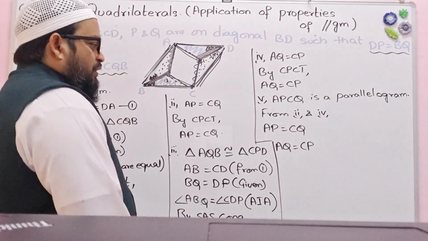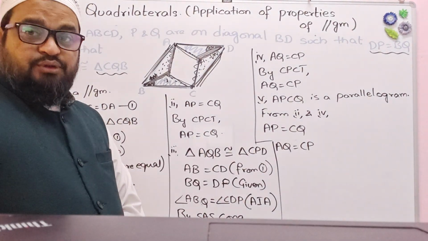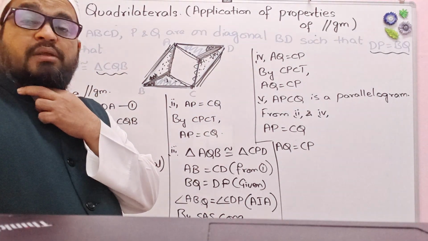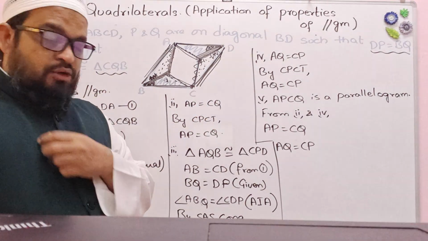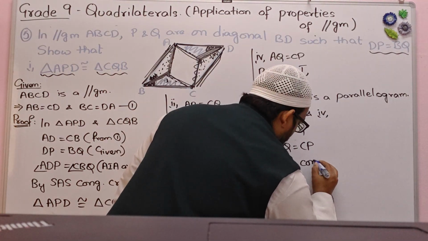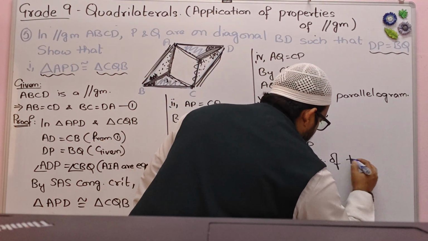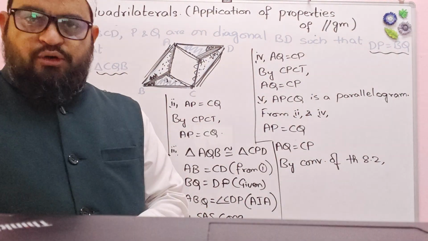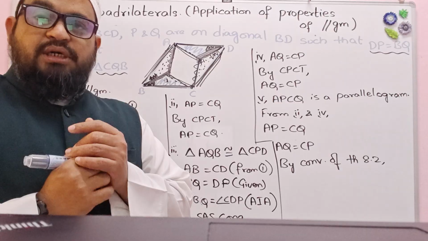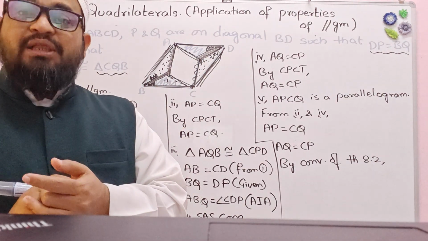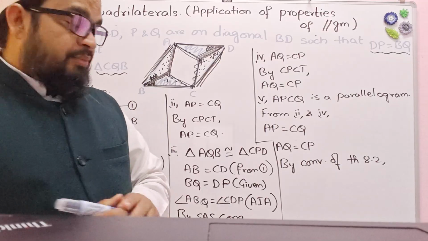So that means opposite sides are equal. So by the converse of theorem 8.2, that means 8.3: if both pairs of opposite sides are equal, then it is a parallelogram.